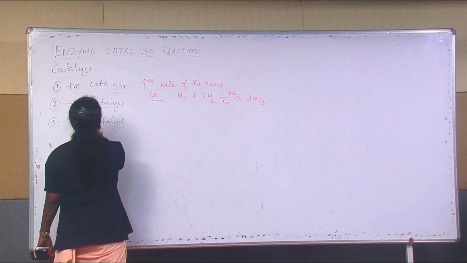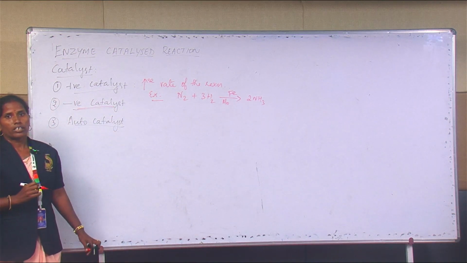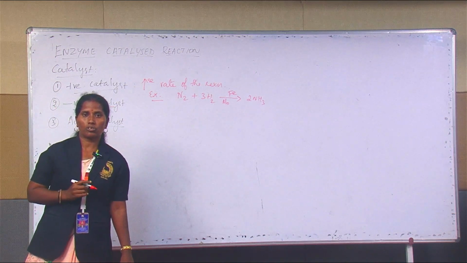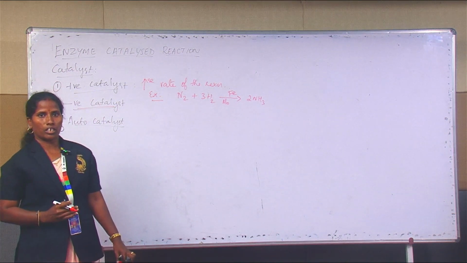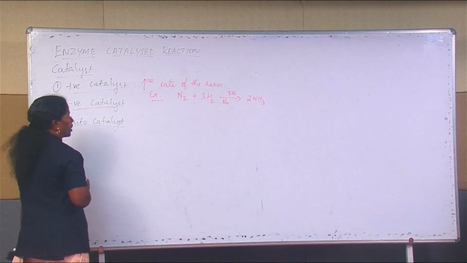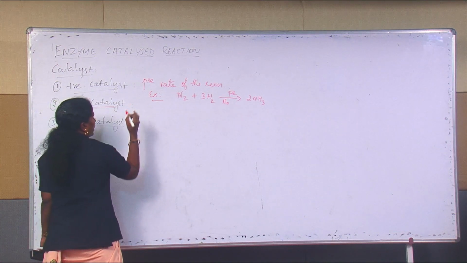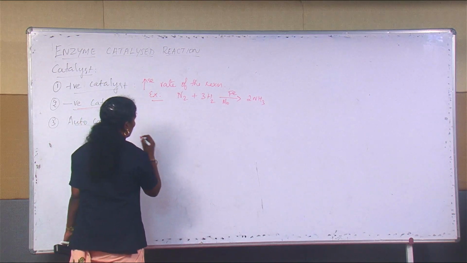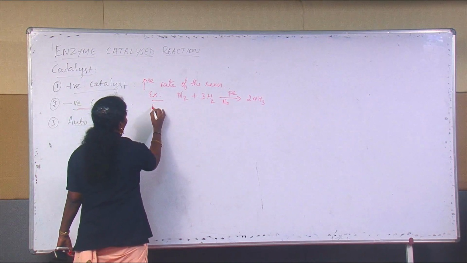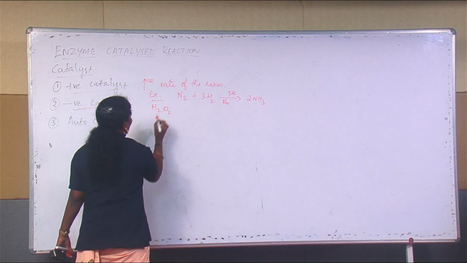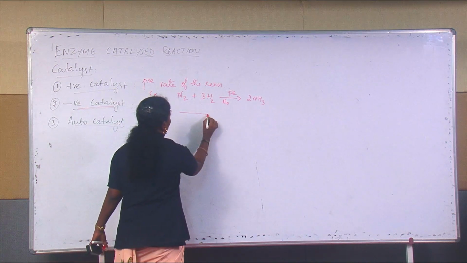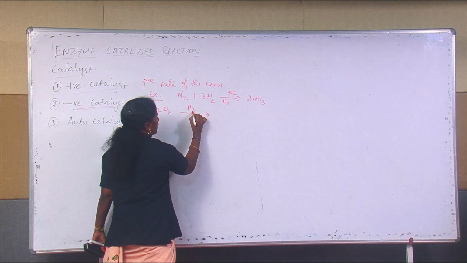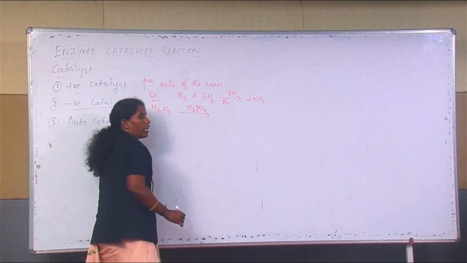Second one, negative catalyst. Negative catalyst means the substance is used to decrease or retard the rate of the reaction. Example for a negative catalyst, the decomposition of hydrogen peroxide in presence of phosphoric acid, H3PO4.